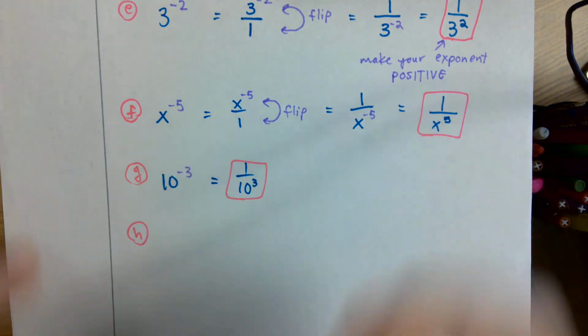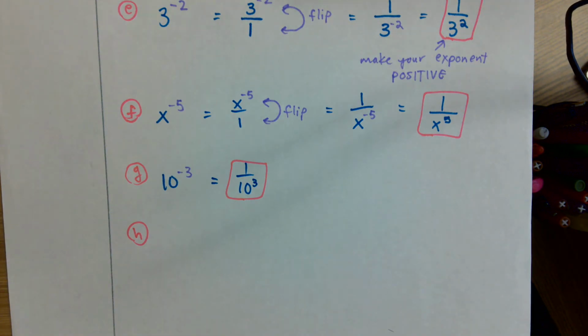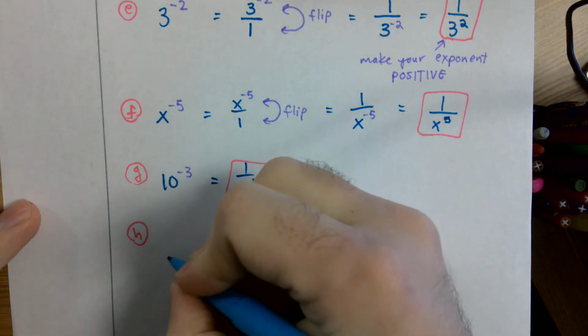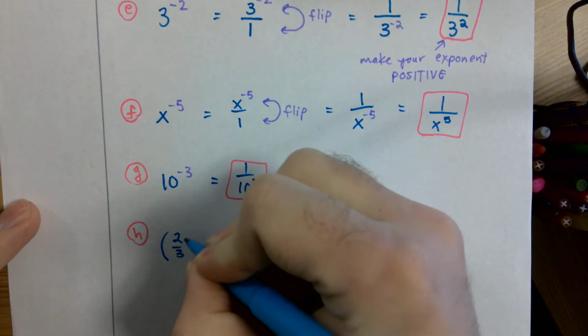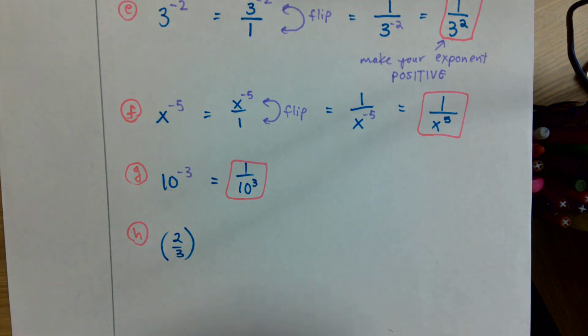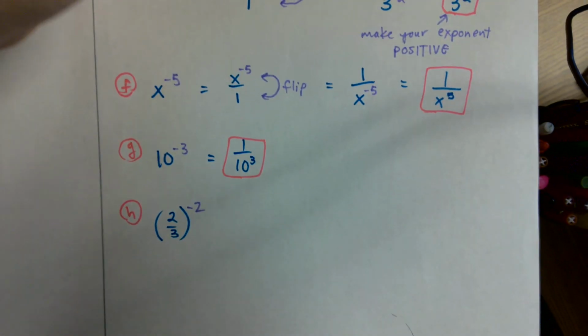Let's take a look at example H. Let's do 2 over 3 to the negative second power. Now we have an actual fraction, right?